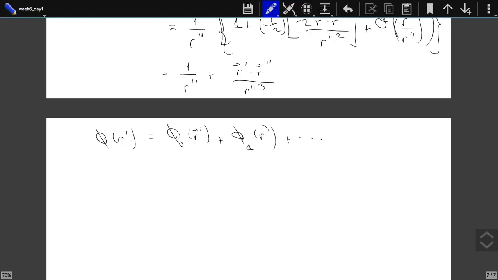This is what I wanted to have. But instead what I obtain is phi 0 at the point R plus phi 1 at the point R prime. This is kind of what I didn't like.